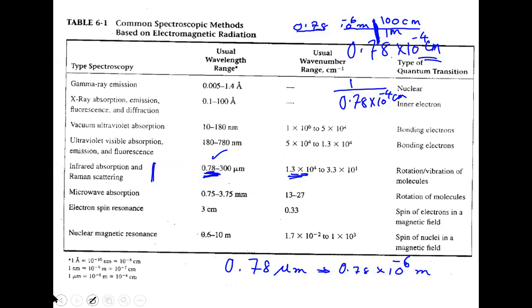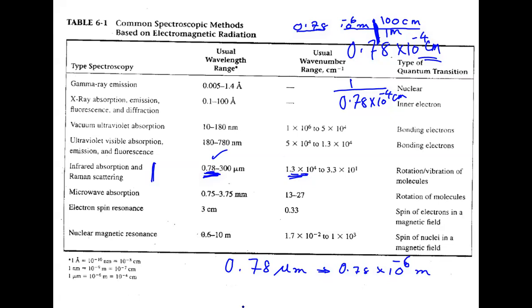All right. The key point for our information: I've just given you the values for infrared from this table. If you use, for example, electron spin resonance, called ESR, which is very close to nuclear magnetic resonance but we use the spin, that is useful for the spin of electrons in a magnetic field.